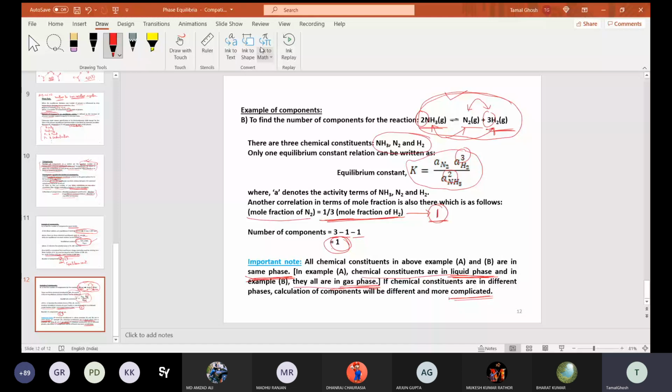We have some other situations also, which we are not going to consider. If somebody wants to consider those, he or she can reach some other C value, such as C equal to 2.